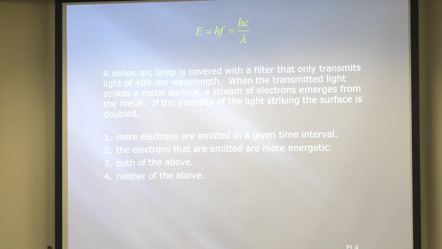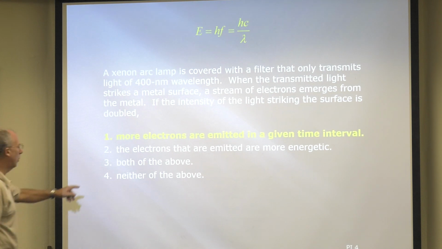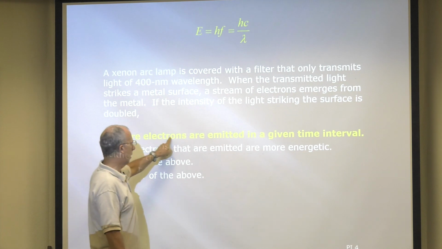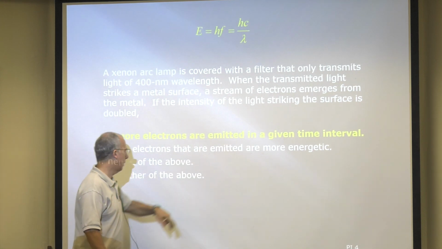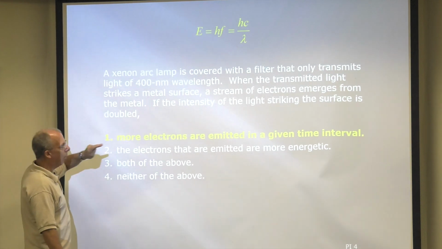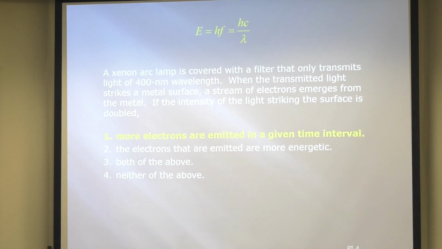But wait a second, hold it. If we increase the intensity, does that have anything to do with the energy of the electrons? No, not at all, right? You see any intensity anywhere here? And remember, intensity is just the number of photons per second. So the answer is that we're just going to get more electrons. They're not going to be more energetic. Intensity has nothing to do with energy.